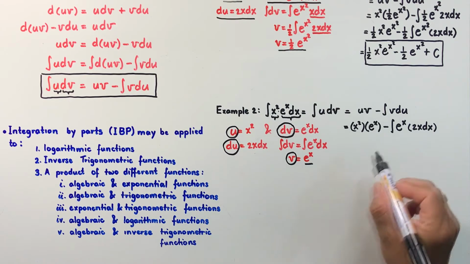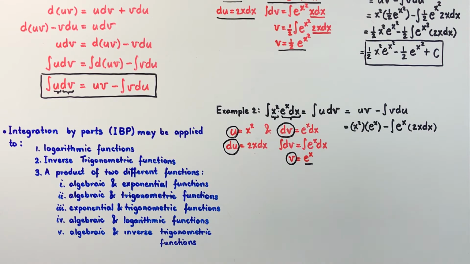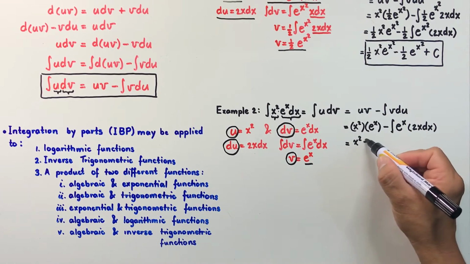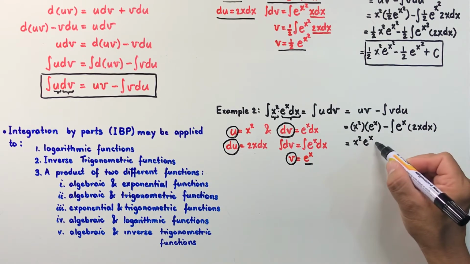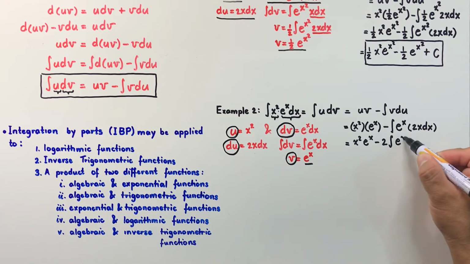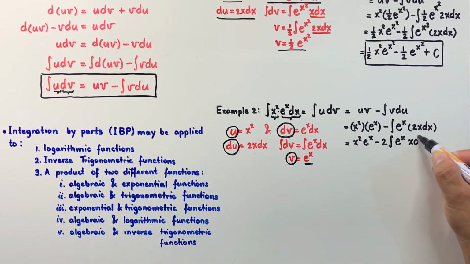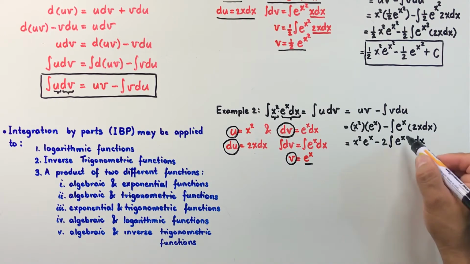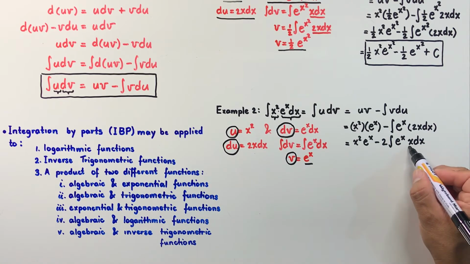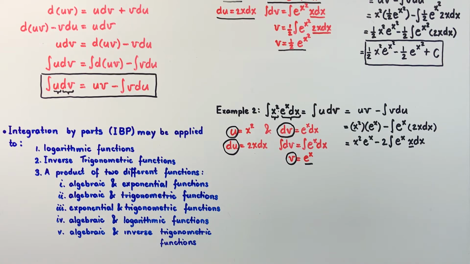And factoring our constant outside the integral symbol, we have x squared times e to the power x minus 2 times the integral of e to the power x dx here. And you notice that the derivative of x is not x. So there is an extra integrand here, which is the x.